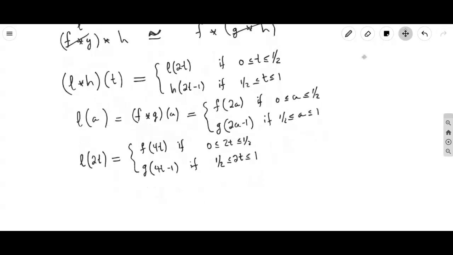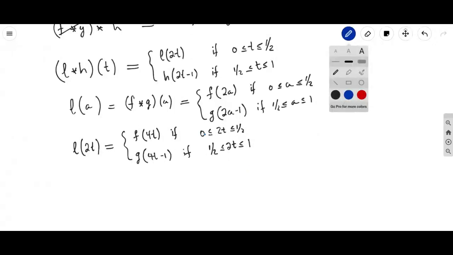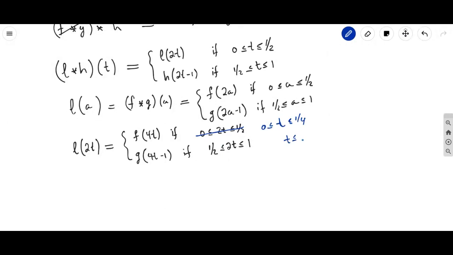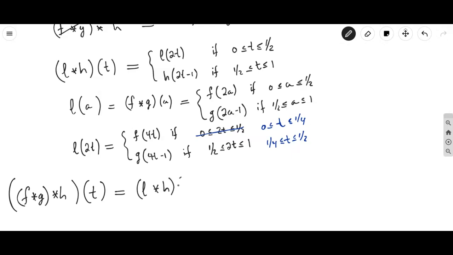So now if you rewrite these inequalities, you're saying for t between 0 and a quarter, and here you're saying for t between 1/4 and 1/2. So to summarize the whole thing, this is what we have. f juxtapose g juxtapose h. This is a function. It's a path, so it depends on time. This is L juxtapose h at t.